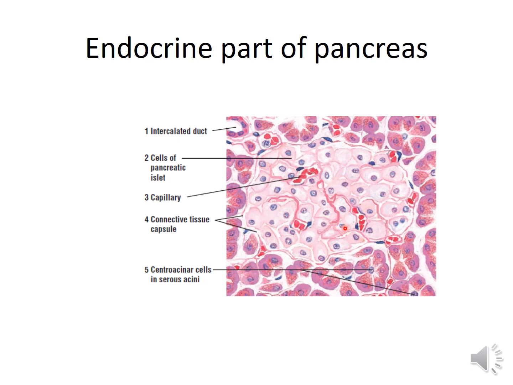In an ordinary H&E section, the cells of the pancreatic islets stain lightly eosinophilic and no cytoplasmic granules can be distinguished. So you can see the light staining of the cytoplasm, and no cytoplasmic granules can be distinguished, and interspersed between these cells are the fenestrated capillaries.